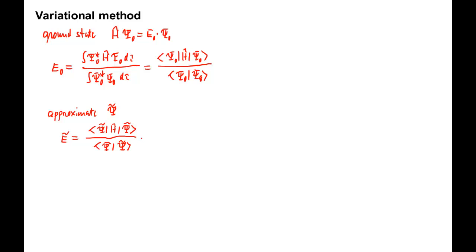psi tilde. The theorem states that this energy, E tilde, is always greater or equal to the exact ground state energy. The equality sign, E tilde equals E0, holds only if the approximate wave function is actually equal to the true ground state wave function.